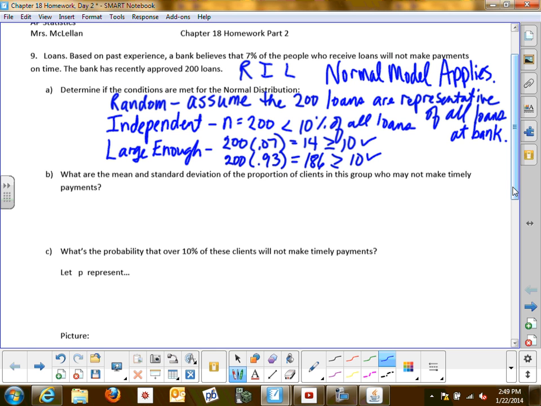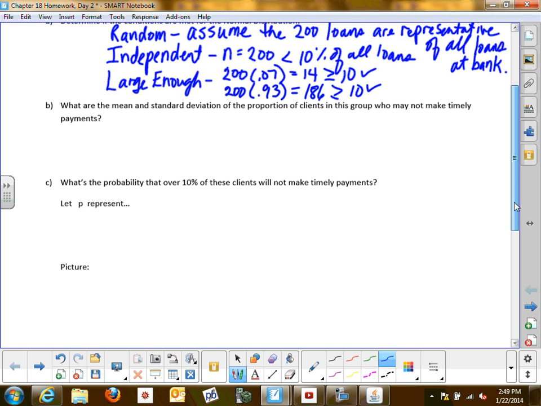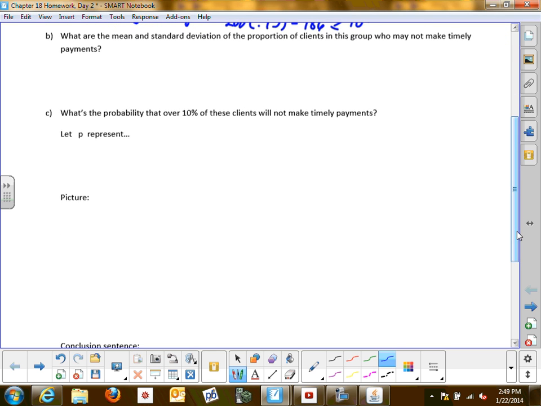Okay, since the normal model applies, let's use the mean and standard deviation to do predictions. What's the mean and standard deviation for the proportion of clients in this group of 200 that may default on their loan, or not make their payments in a timely manner? This is yesterday's stuff. The mean of the sampling distribution is going to be p, which is 7%.